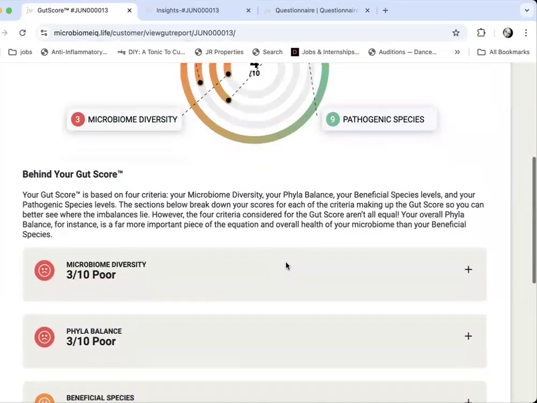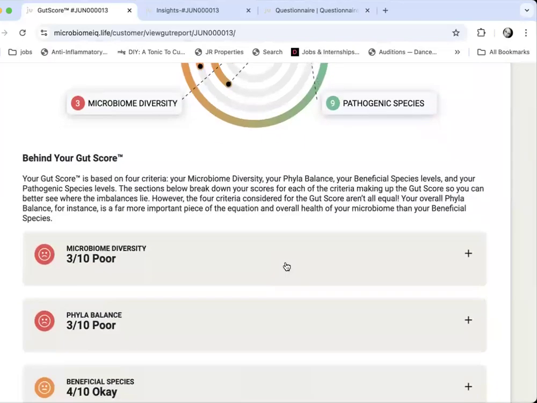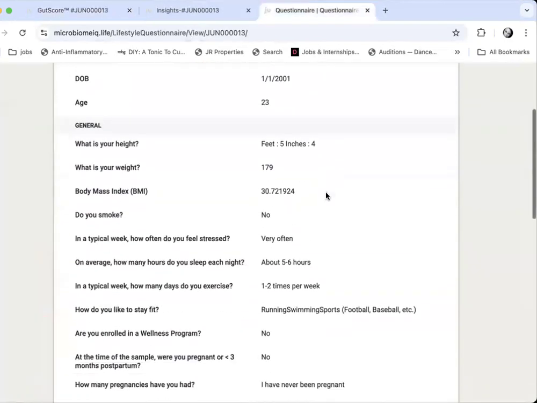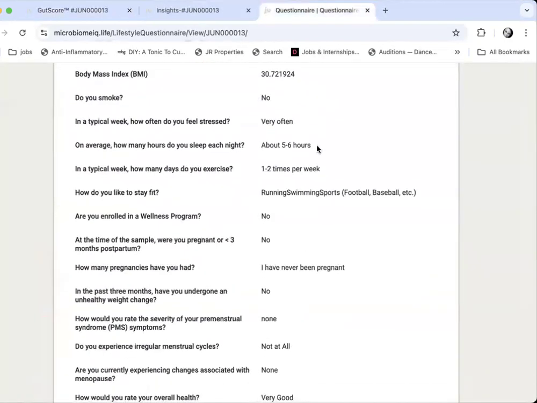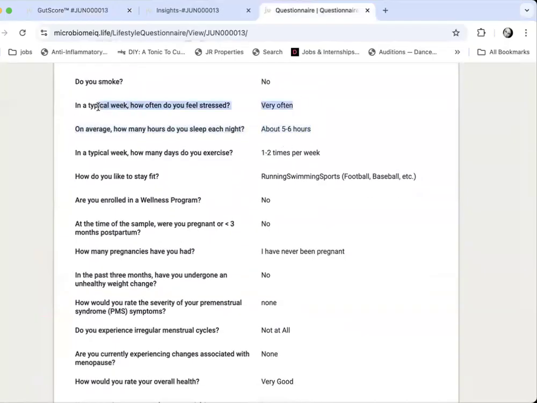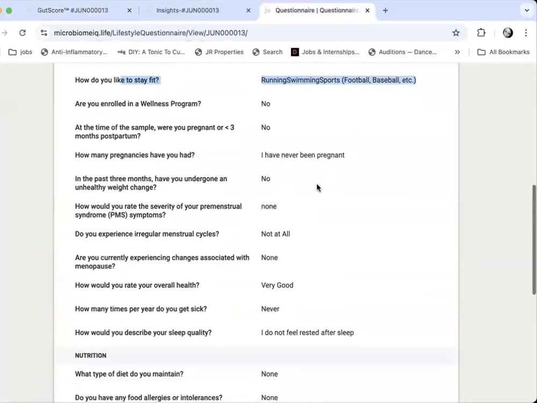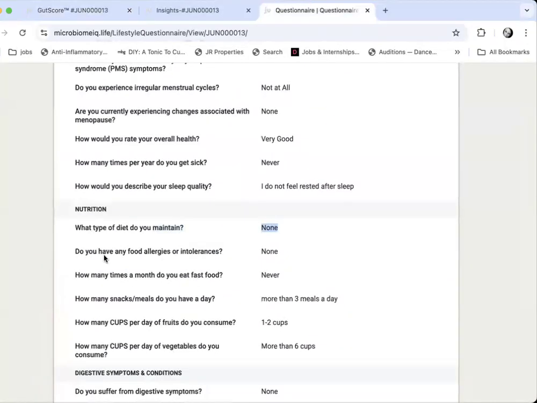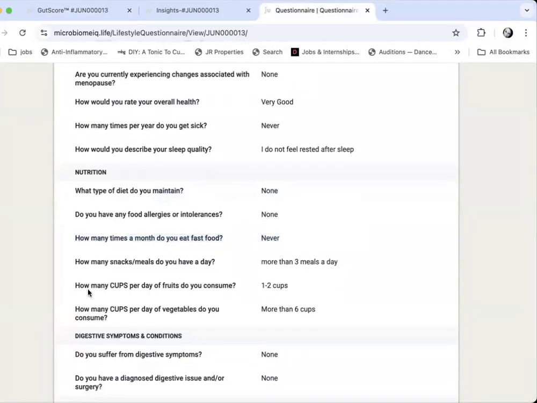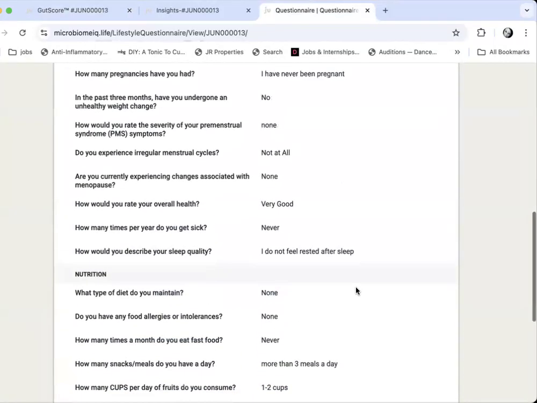What we are doing is identifying patterns and making connections between the person's symptoms and what they put in their lifestyle questionnaire, which is why it's so important to review and ask them to confirm how they're sleeping, how often they're stressed, how does that stress feel to them, how often are they moving, what kind of diet are they currently eating, do they eat fast food, how many cups of fruits and veggies do they typically have.